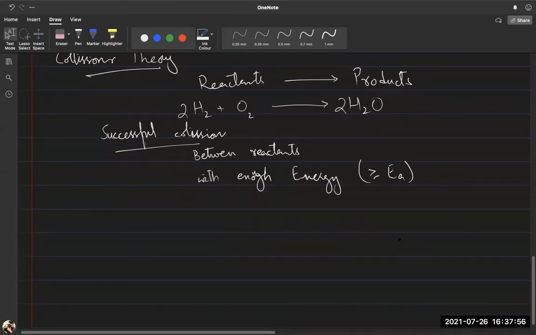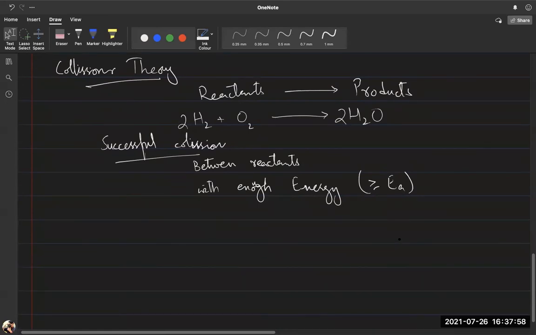Now, if you're somebody who's doing these reactions, then what do you want? You want more successful collisions. You don't want unsuccessful collisions. You want the reaction to continue and be happening in a suitable manner. Also, if you want a reaction to be faster, then you want more collisions in the same amount of time.